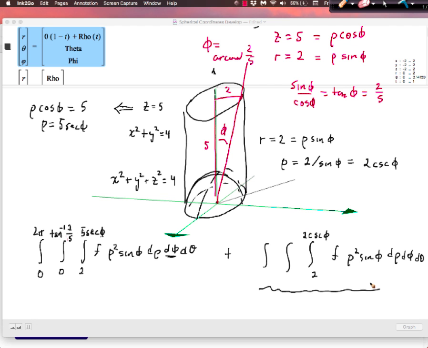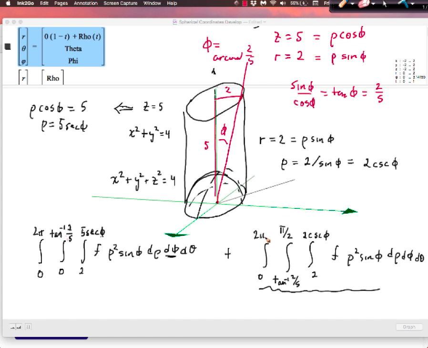Starting at? Right, so it's going to start off where we left off last time. So where we finished exiting z equals 5 is where we're going to start exiting the cylinder until what? Right, all the way down to horizontal, and that's pi over 2.